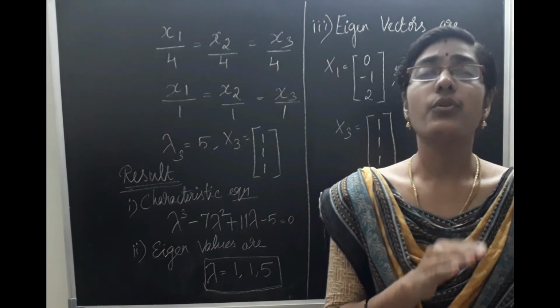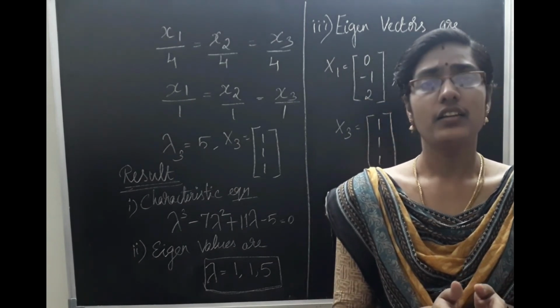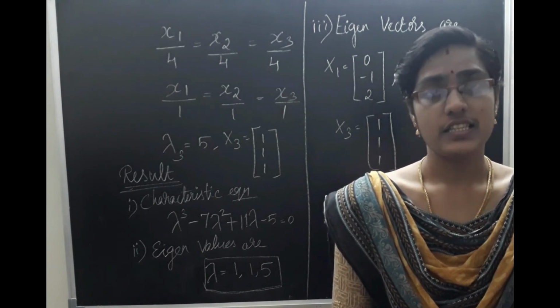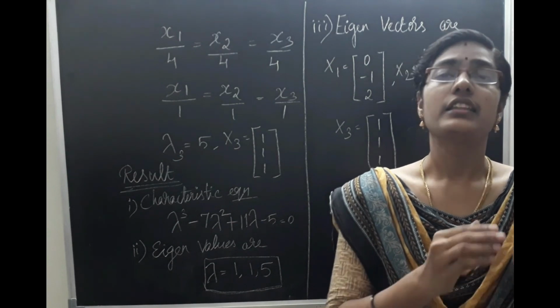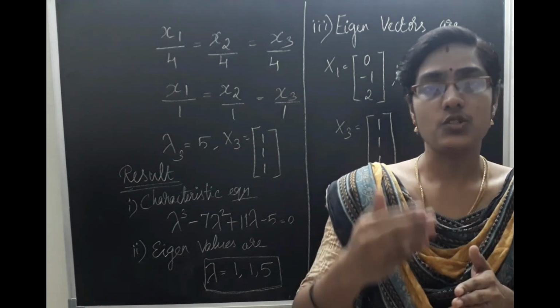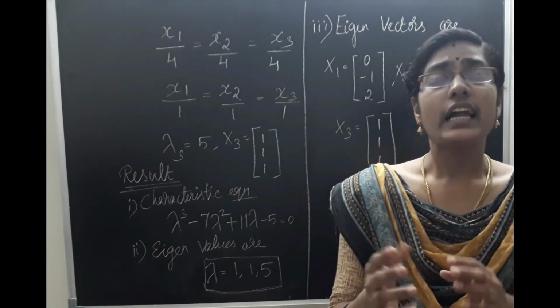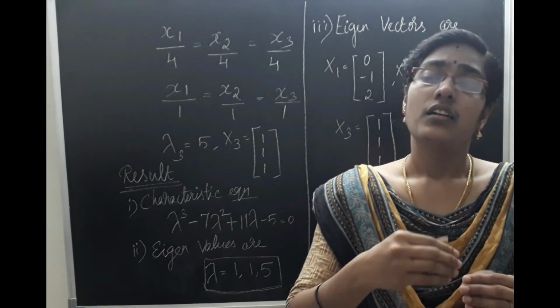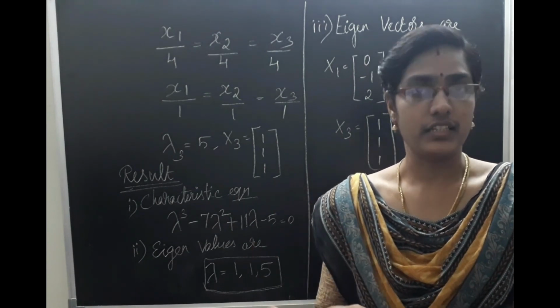But if you have repeated eigenvalues, then we need to check the equations, whether they are similar. Then we need to substitute any one of the values x1 or x2 or x3 equal to 0 to get the other values. In that manner, we can find how many distinct eigenvectors there are for the repeated eigenvalues.